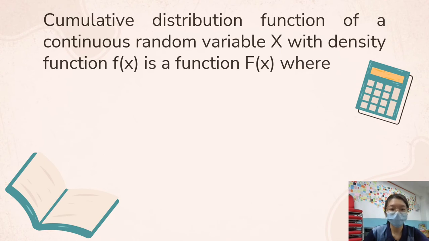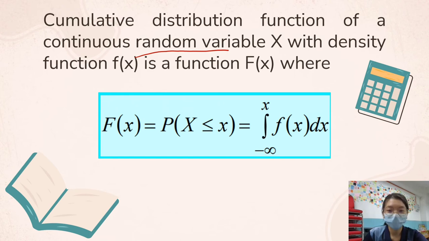Now I'm going to introduce some formulas. The cumulative distribution function of a continuous random variable X with density function f(x) is a function F(x), where F(x) is the integral from negative infinity to x, which is the value we are going to find, of f(t), and don't forget to put the dt, which is the area under the graph.